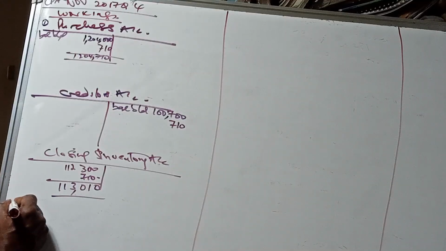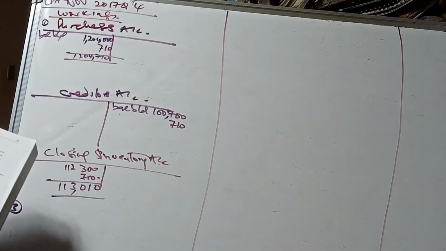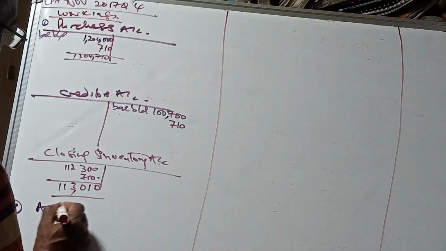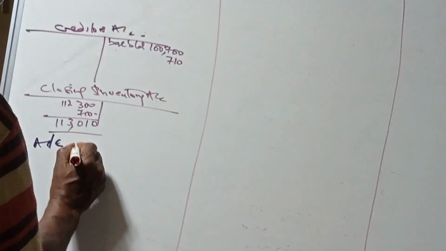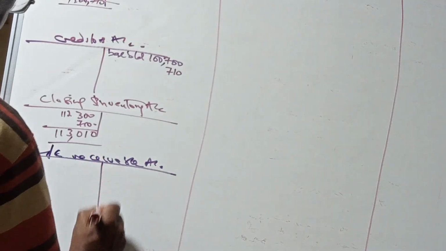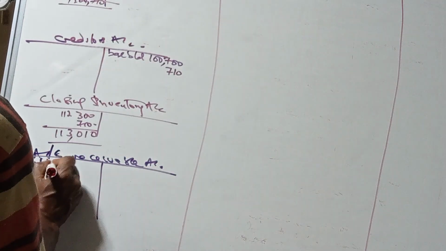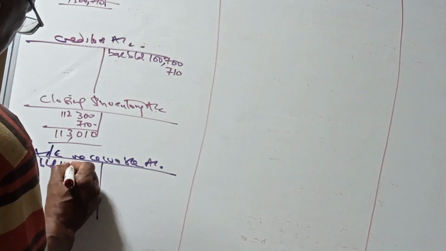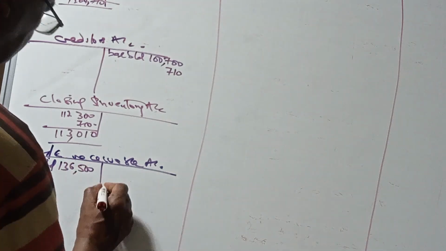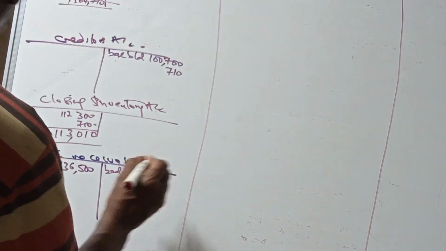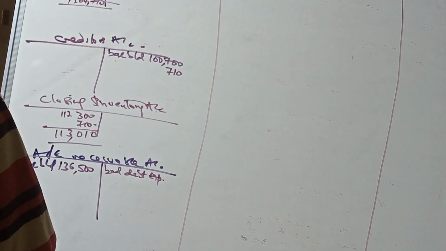Number 3, we are told a debtor who owed the company 1.5 was declared bankrupt, and therefore our accounts receivable needs to be reduced. Writing off is removing it from the books of accounts. Our accounts receivable balance brought down is 136,500, and therefore we reduce it with the bad debt expenses amounting to, we are told, 1,500.